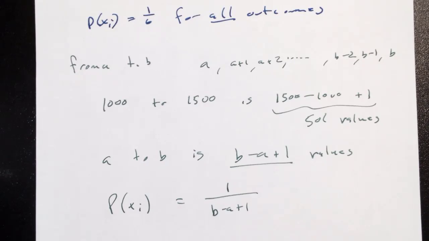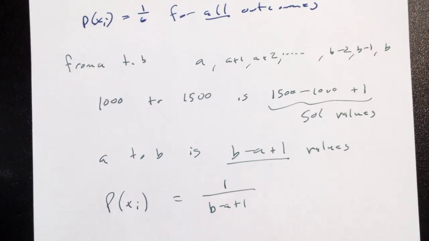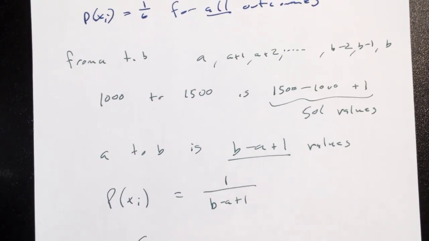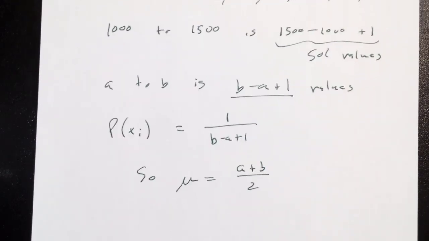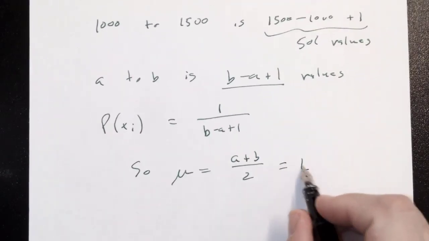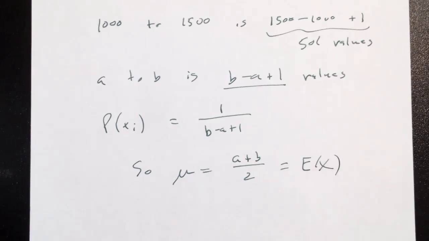Which means with a little bit of algebra, I can add up all these numbers and I can find the mean. But I hope it makes sense for my expected value to be right in the middle between A and B.